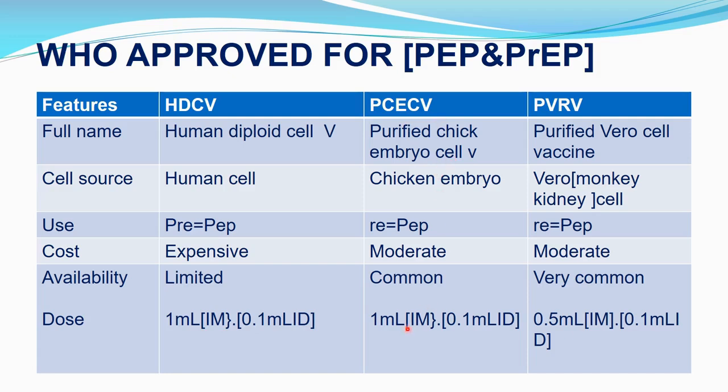PCECV is also 1 ml IM, and if you use the intradermal route, 0.1 ml is the dose. The purified Vero vaccine dose is less, that is 0.5 ml intramuscular or 0.1 ml intradermal. This is very commonly used, even in Nepal.